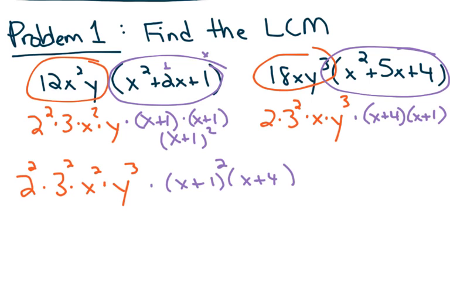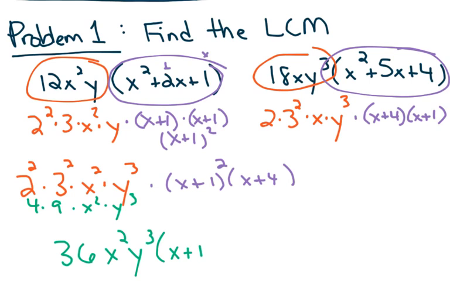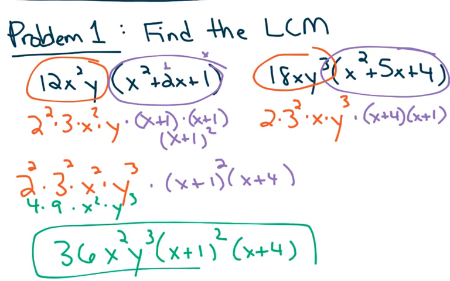We're not going to distribute out the binomials, though. So 2 squared times 3 squared times x squared times y cubed is going to be 36x squared y cubed, and then we're going to have an x plus 1 squared and an x plus 4. And that is the least common multiple.